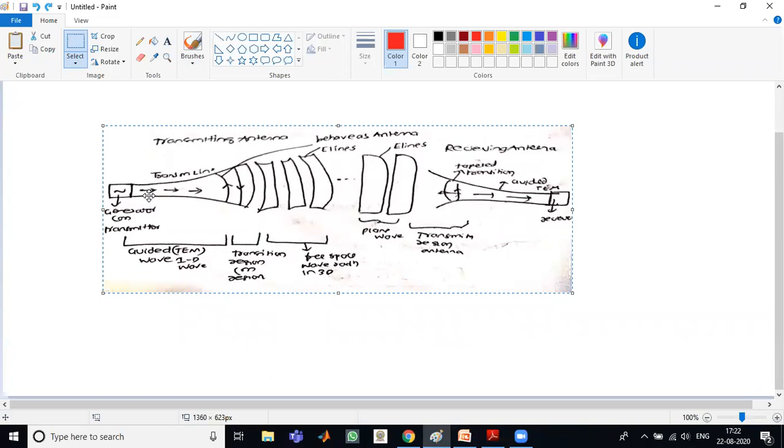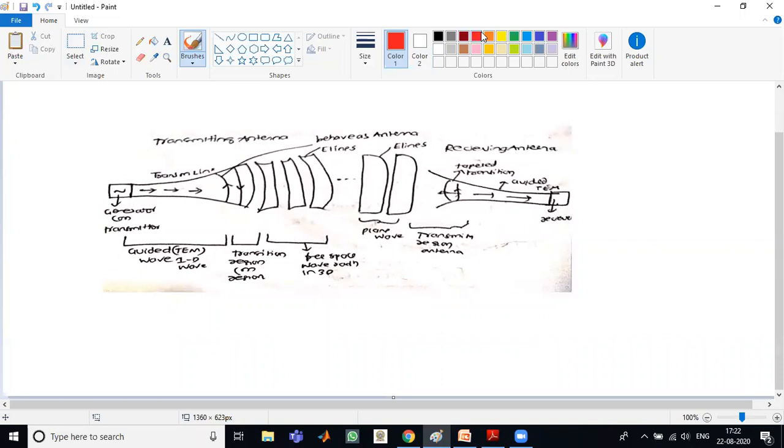These waves are guided waves, that is TEM waves or one dimensional waves, and these travel to the transmission region, which is called the antenna. This transmission region behaves as the antenna. And next, this is the free space, the wave travels into the air, that is 3D in nature.